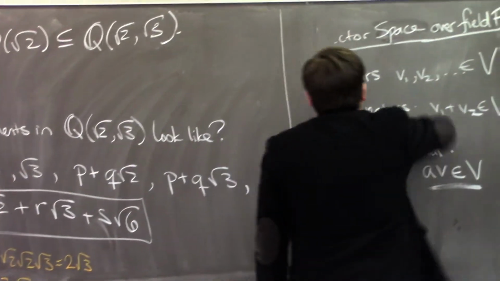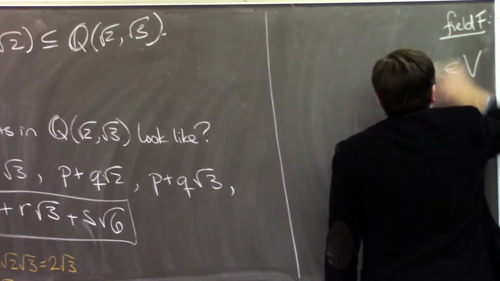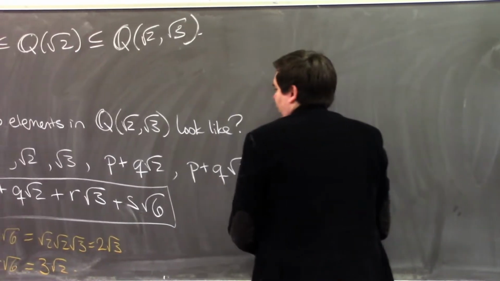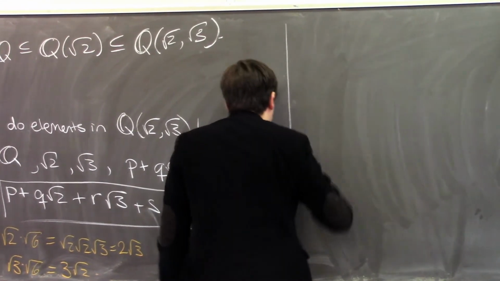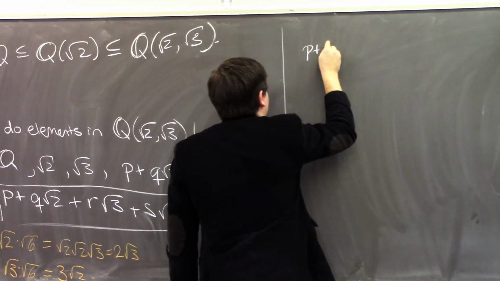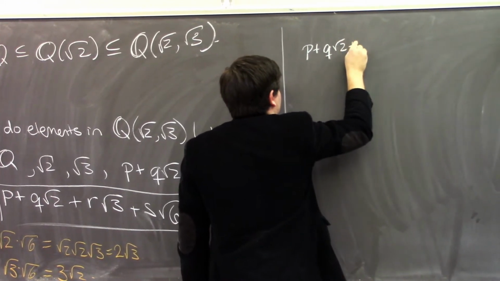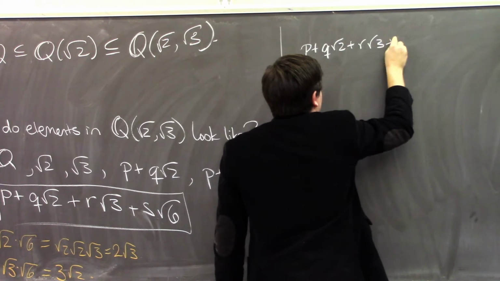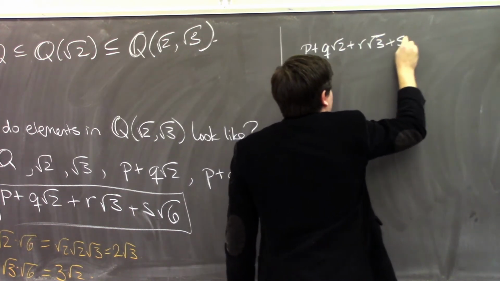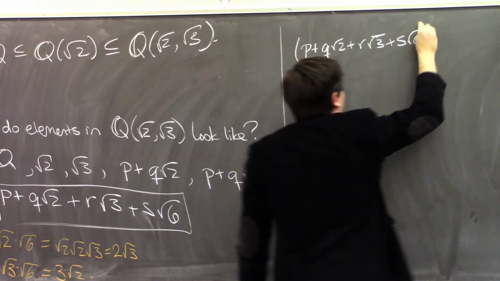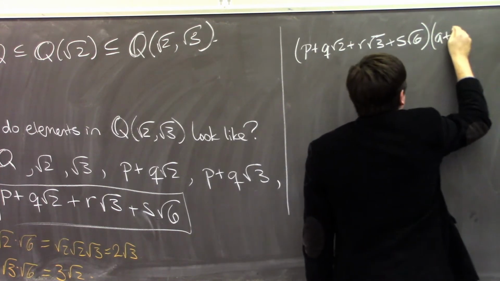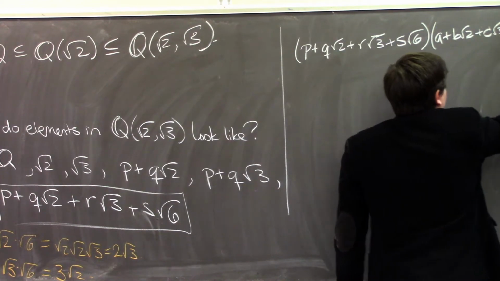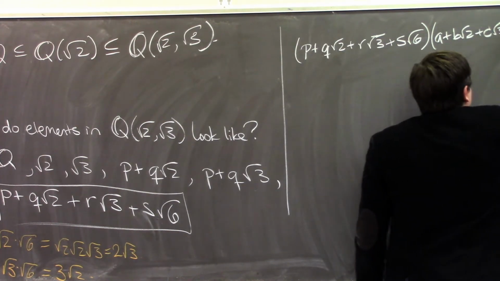So suppose you have two elements of the form, so let's call them, I don't know, p plus q root 2 plus r root 3 plus s root 6. And let's just multiply that by, let's call it, a plus b root 2 plus c root 3 plus d root 6.